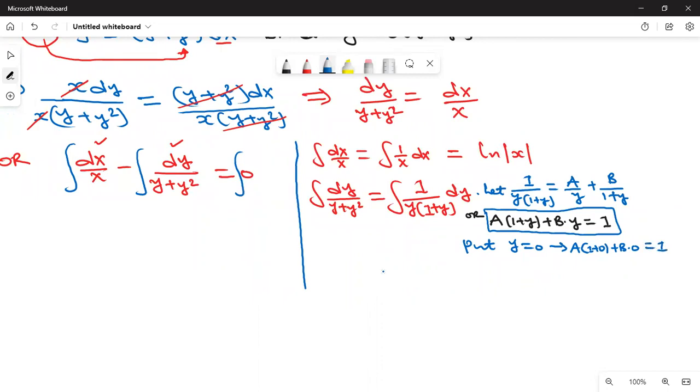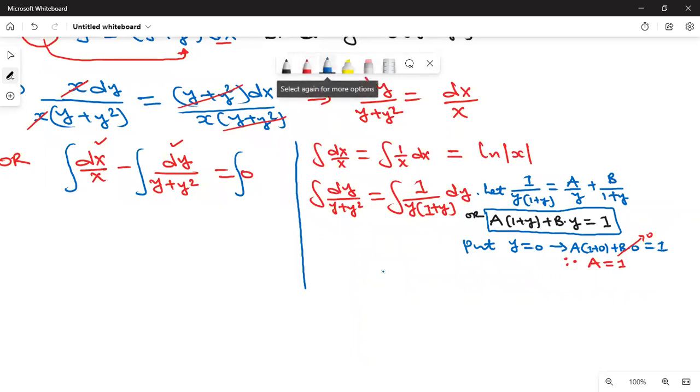And you see, anything multiplied by 0 is 0. So b times 0, this term will vanish. So here we only remain with a times 1 is equal to 1. So therefore, here you're going to get a is equal to 1.